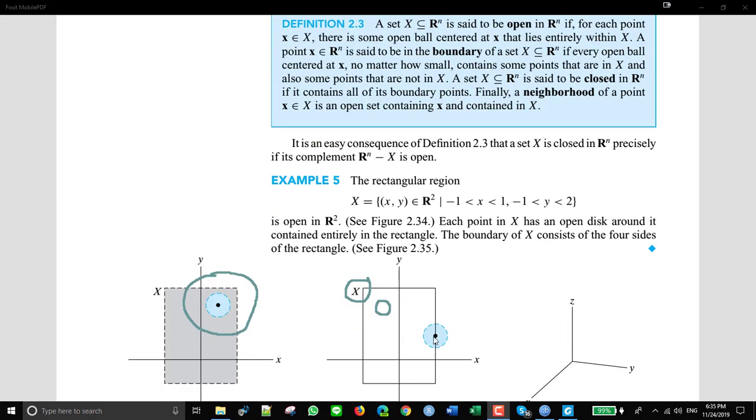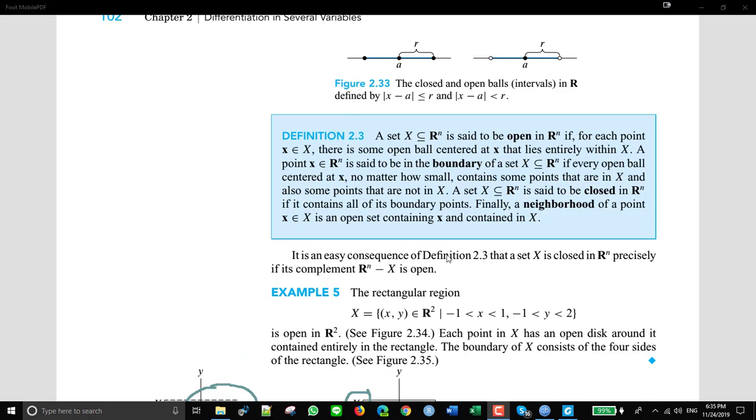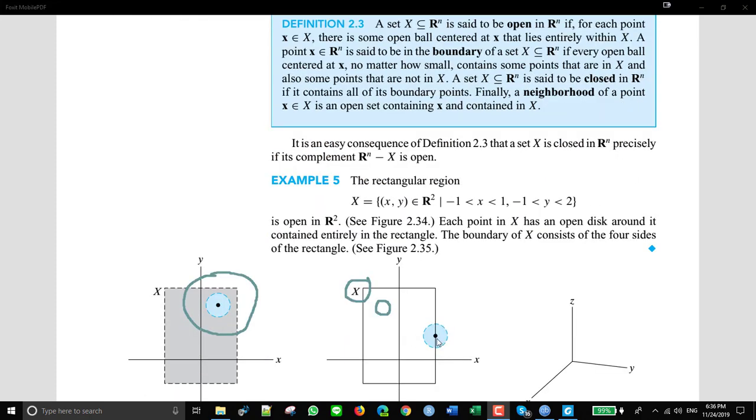So what do we mean by saying that a point is on the boundary? So this point is on the boundary, but we want to define what that means. A point X in Rn is said to be in the boundary of a set X in Rn if every open ball centered at X, no matter how small, contains some points that are in X and also some points that are not in X. So why do we call this point a boundary point?